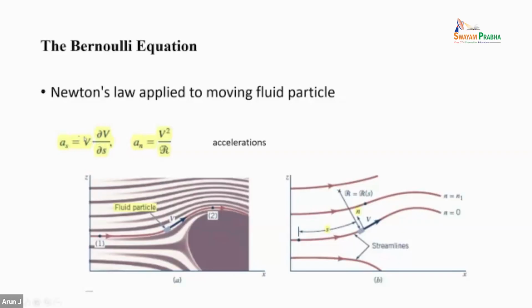This is why you use the partial derivative: the position derivative with respect to s gives v, and also dv/dt. That is the acceleration along the streamline. This is perpendicular to that direction.